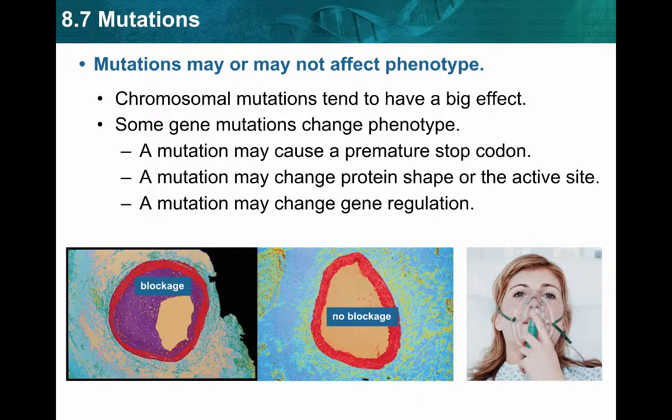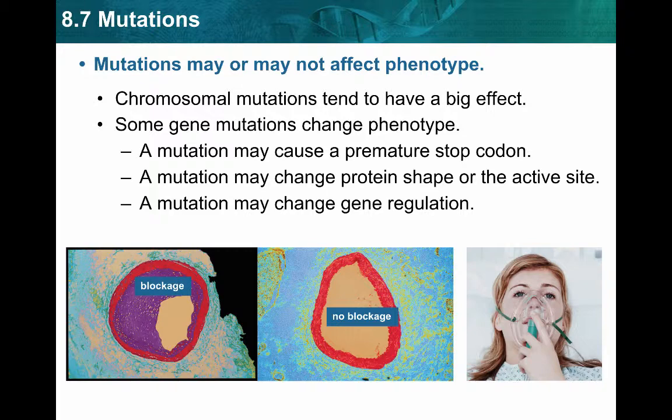When we say chromosomal mutations, I'm talking about things like Down syndrome, which is caused by an extra 21 chromosome, Klinefelter's, which is caused by an extra sex chromosome, Turner syndrome, which is caused by a missing chromosome, Cri-du-Chat, which is caused by a missing number 5. So chromosome mutations have a very big effect, with lots of symptoms or conditions that go along with that.